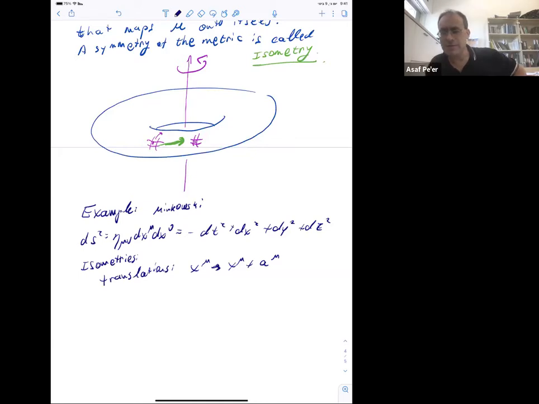Can you give me other isometries that you know of in a Minkowski space? Is it only translations or are there other isometries that you can think of?